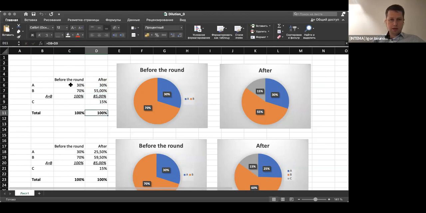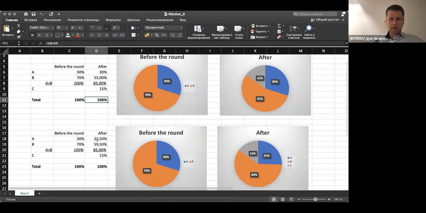That's the A plus B honest dilution. You see there is a previous share multiplied by 0.85 and totally it's 100. There is a not very honest situation because A is fixed and B is calculated as 85% minus 30. So shareholder B was disproportionately diluted. So let's move forward.